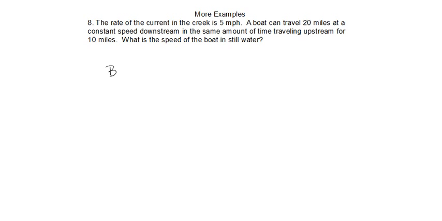Well, we need to know what it's going to take downstream, upstream, our distance, our rate, and our time. And our time, as we solved earlier, is equal to distance over rate. Our distance downstream is 20, distance upstream is 10. The rate, we don't know, but we know that the current is 5 miles per hour.